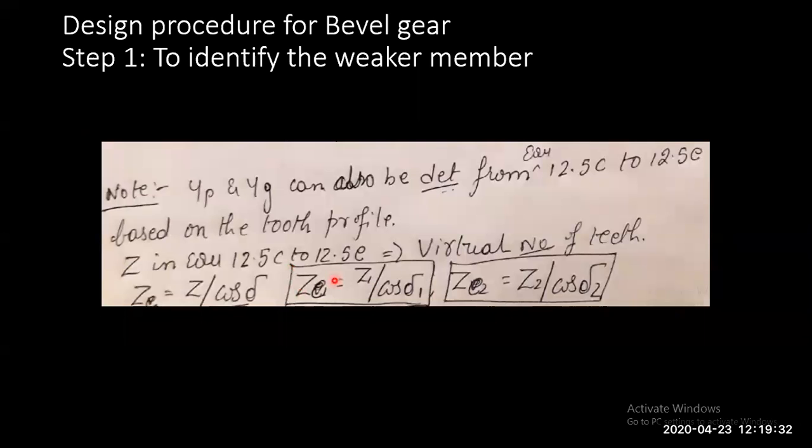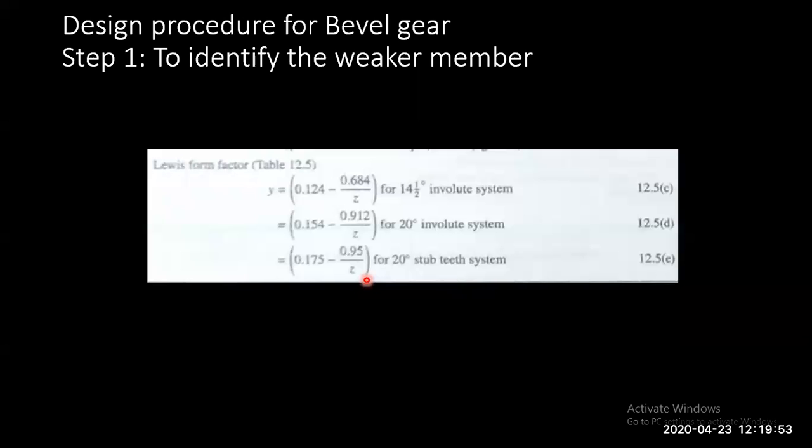So first find the weaker member and find the actual number of teeth. Whatever z is given, let's assume that is the virtual number of teeth, and depending on that, you need to find the actual number of teeth.